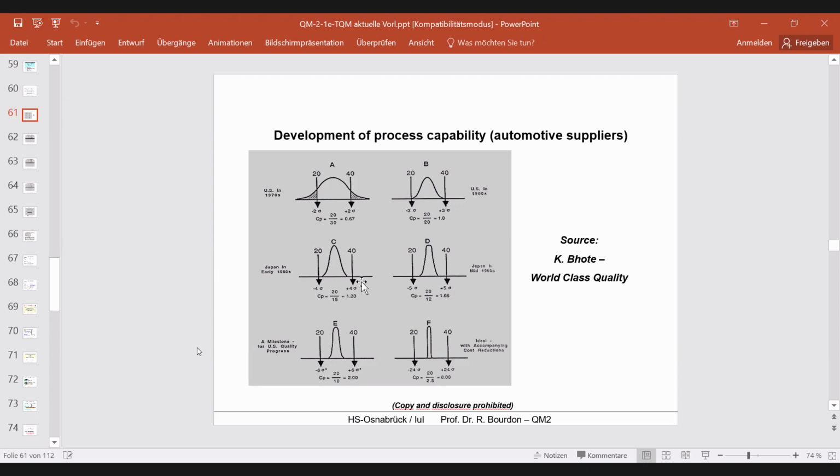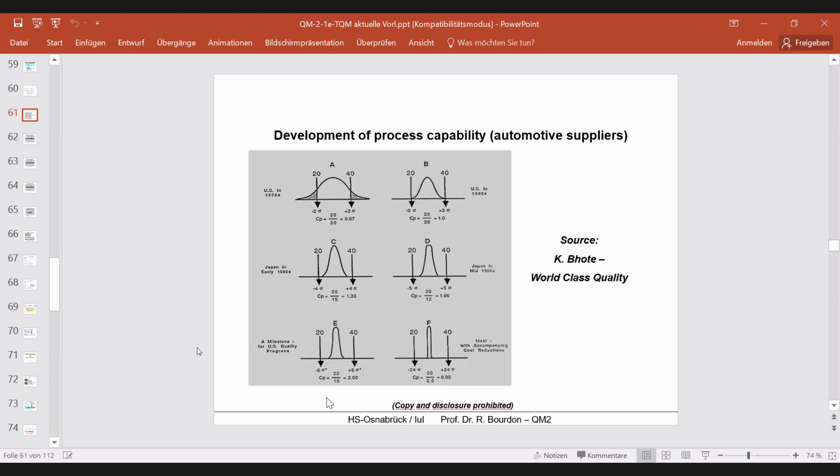Japanese suppliers in the automotive industry had 1.33 in the beginning of the 80s, and in the mid of the 80s they had 1.67. In the meantime, there are a lot of companies who have a requirement to their suppliers to have CPK and CP values of 2, which is the same thing as a Six Sigma quality.